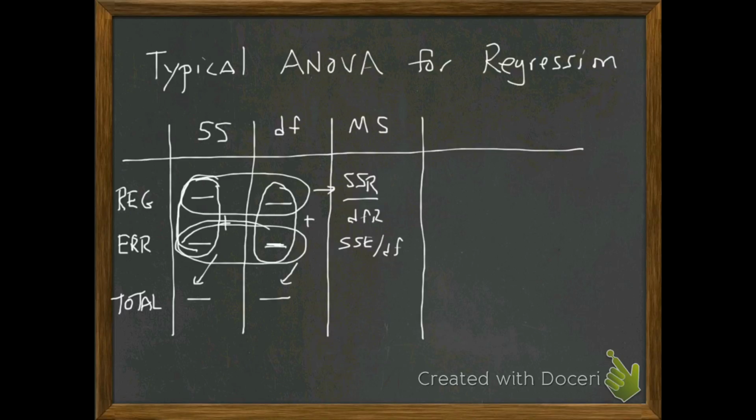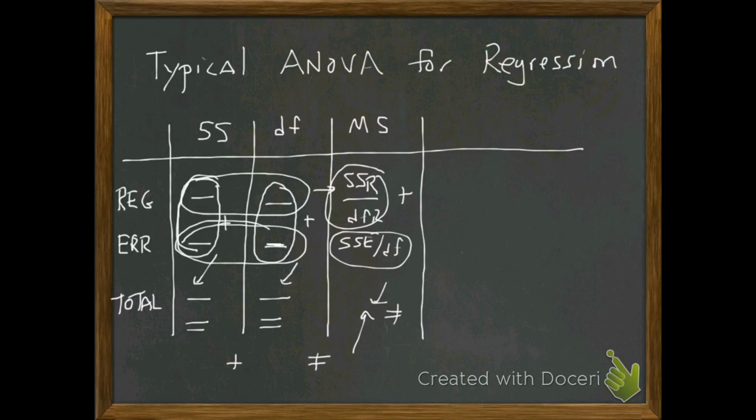What you'll find is that when you add these two mean squares together, it is not equal to what you get there, and it's not going to be equal to this term either.